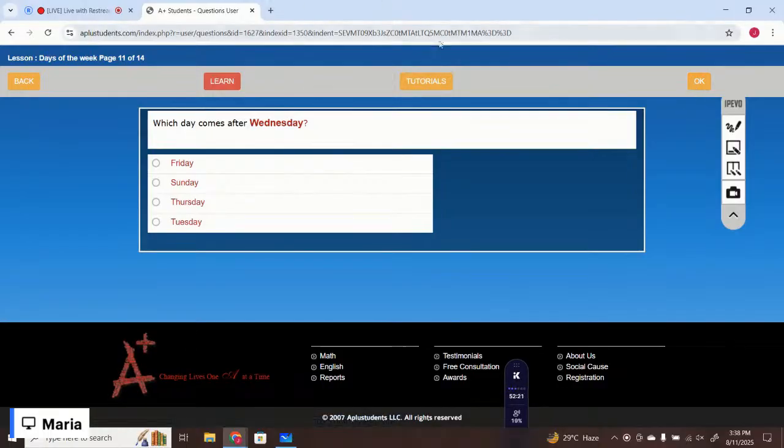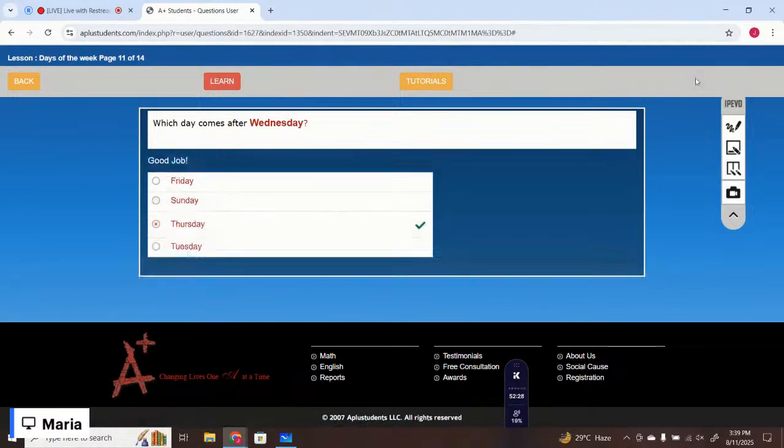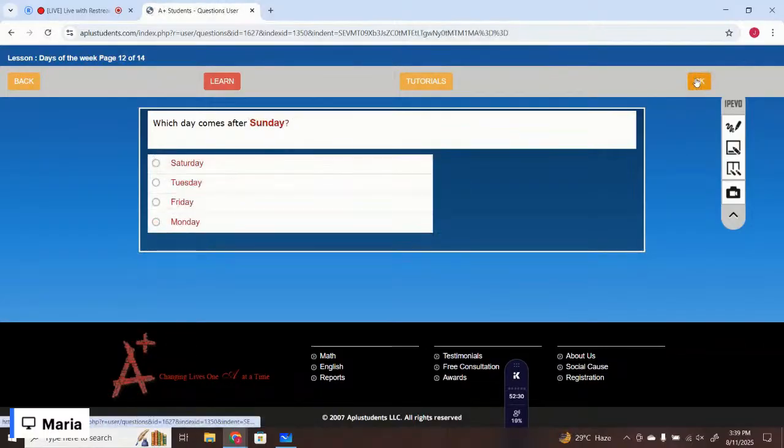Option three is the correct option. Which day comes after Sunday?